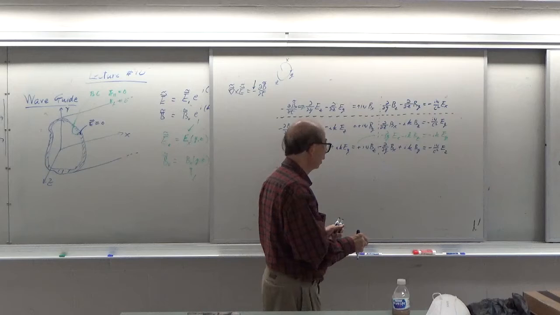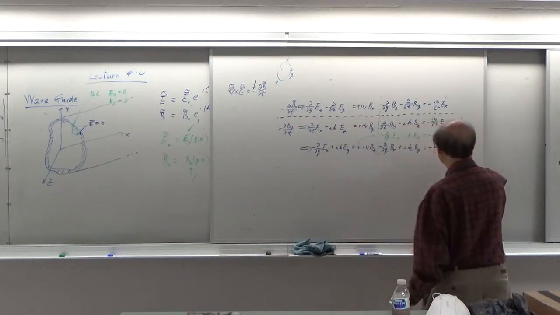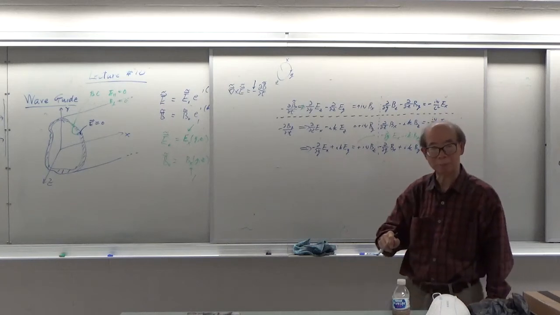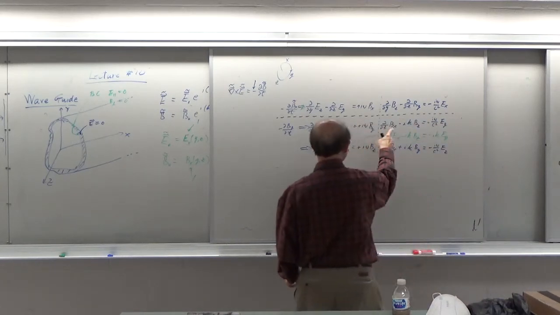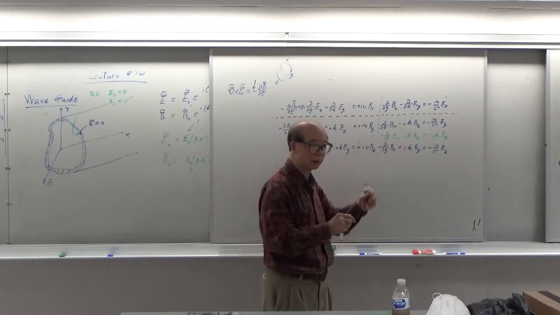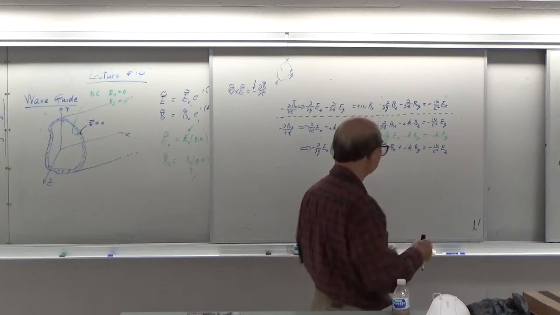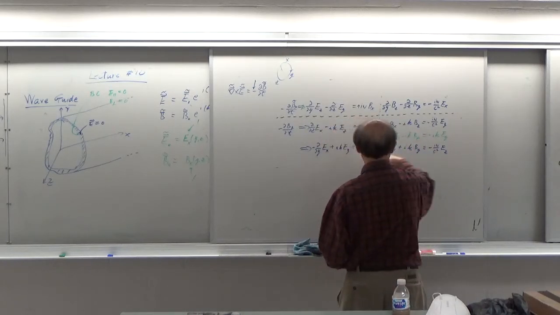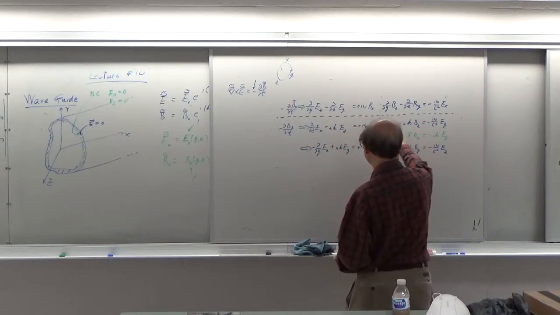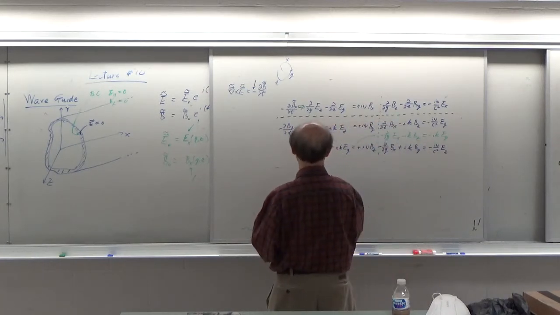What I would like to do at this point is to write the y and z components of E and B in terms of the x components of E and B. So we have four quantities to be written in terms of two quantities, and we need four equations. These are the four equations. Oh, I forgot the rest.